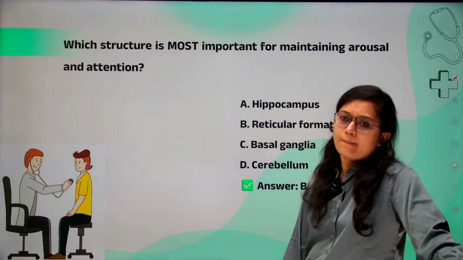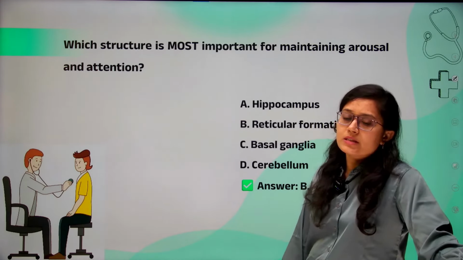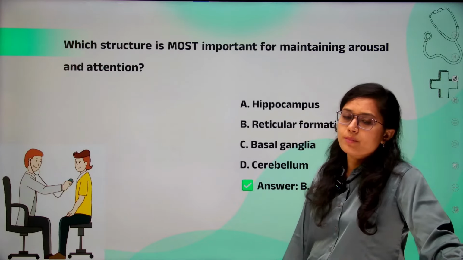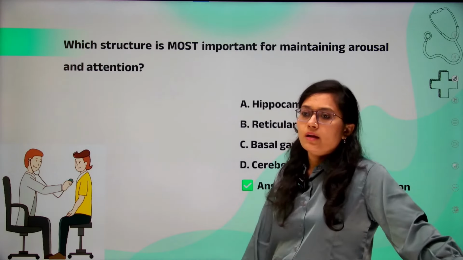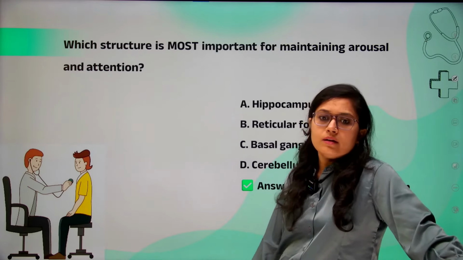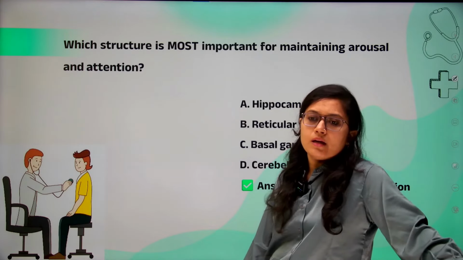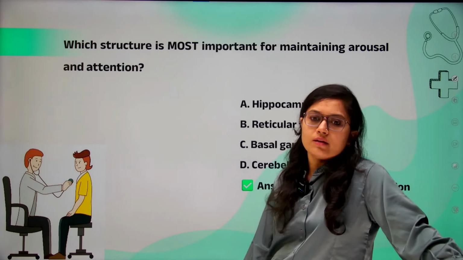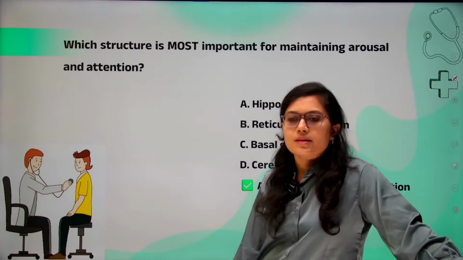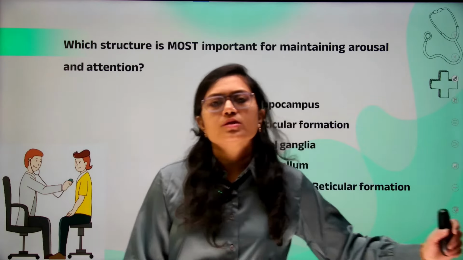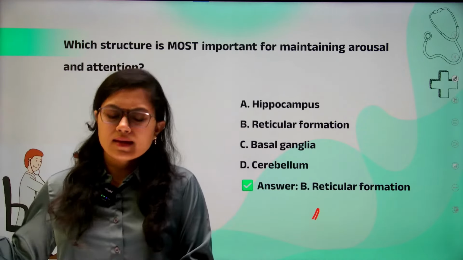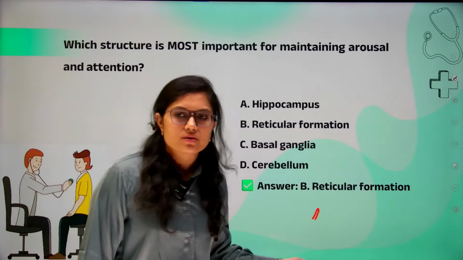Which structure is most important for maintaining arousal and attention? Answer B, reticular formation. Yes, that is correct. The reticular formation is important because the hippocampus, basal ganglia and cerebellum have different functions. Fine.